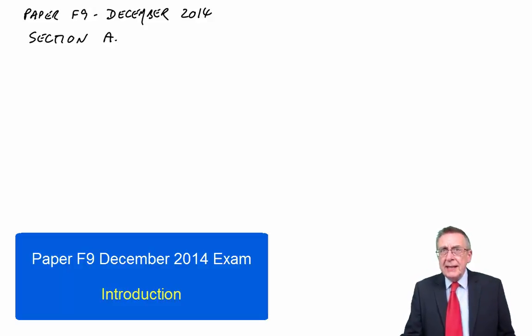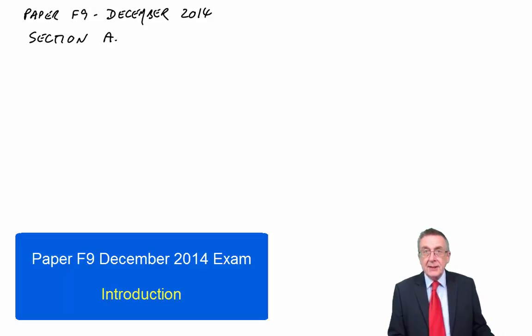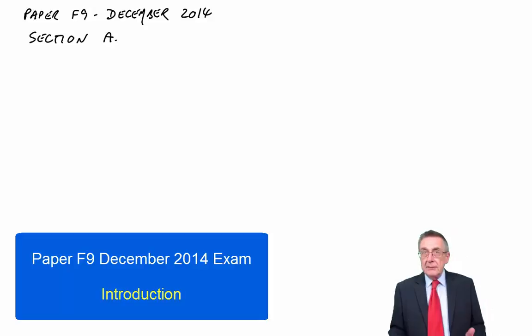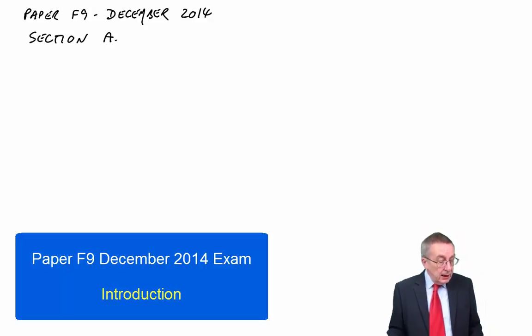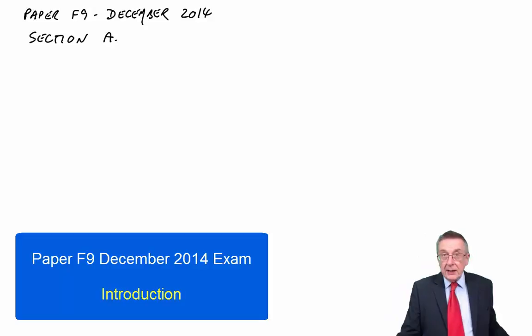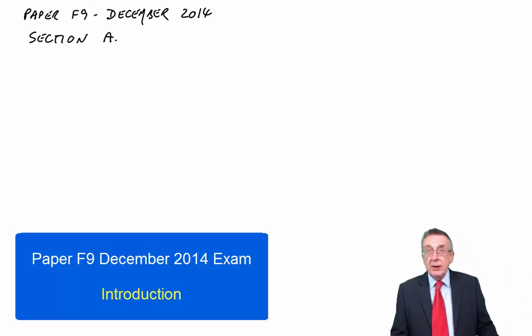But do appreciate that in this exam and in all F9 exams, the multiple choice questions, some of them are relatively short, hopefully relatively easy and very fast. Others inevitably take a fair bit longer, either because there's a lot to read or because there are calculations involved.